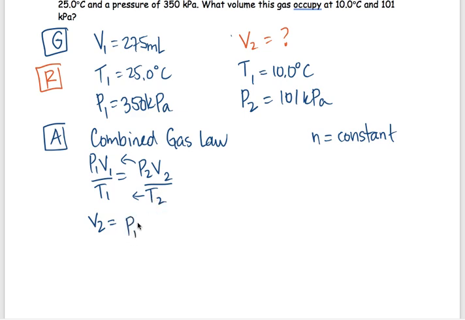So temperature goes to the top, temperature 2, and then pressure 2 goes to the bottom. Maybe I should point those arrows the right way here. I'll just write this in here first. So pressure 2 goes there, temperature 2 goes there.